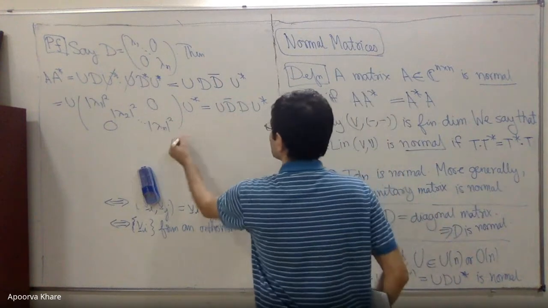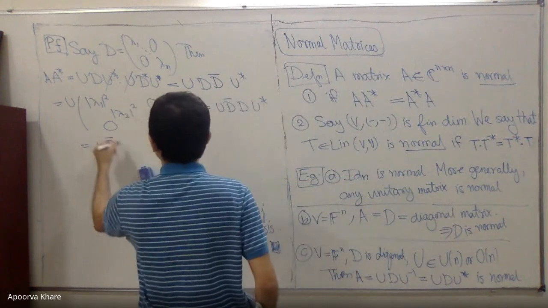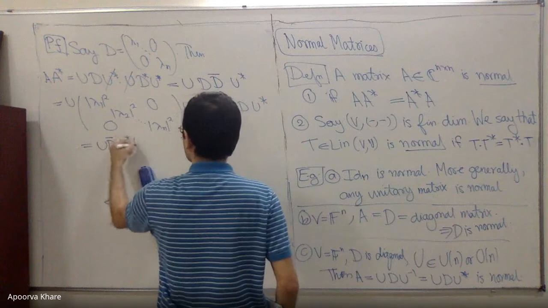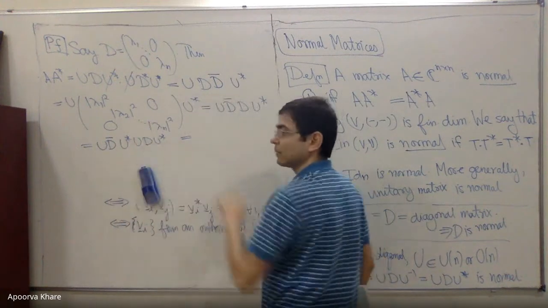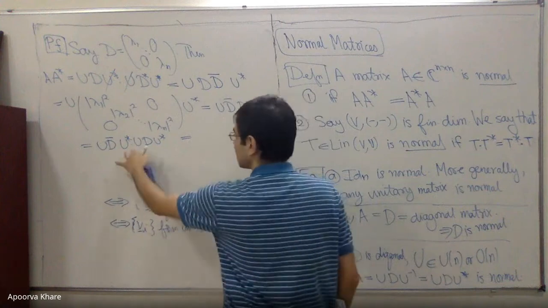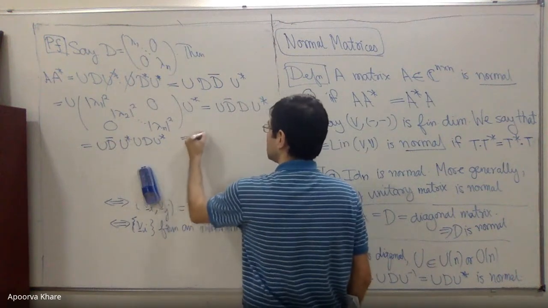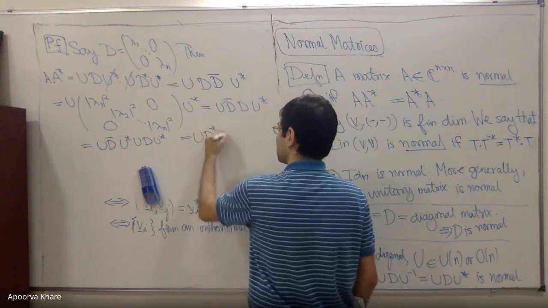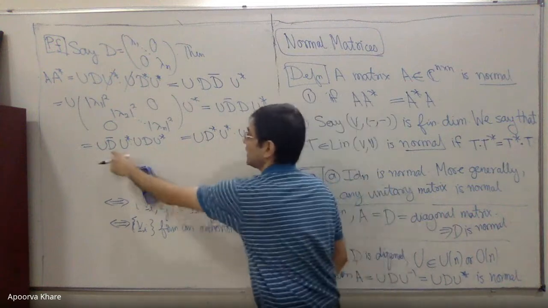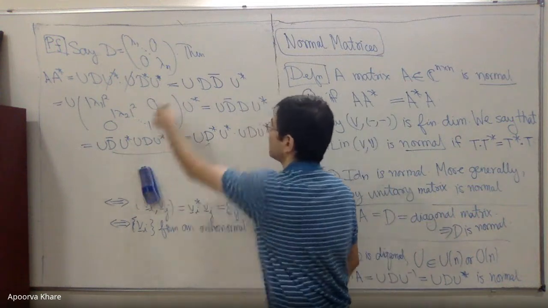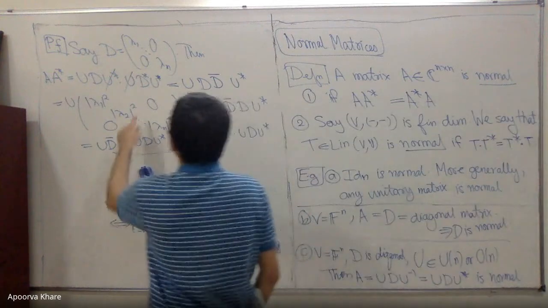But then that is exactly the same as U D bar, and again I can insert U star U in between, D U star, and I can arrange the multiplications associatively. So I can multiply in this order. But now look at what this is. First of all, I can say U D star U star times U D U star, because D bar and D star are the same. The same thing that we have heard about. And now, oh, I never told you what it was.